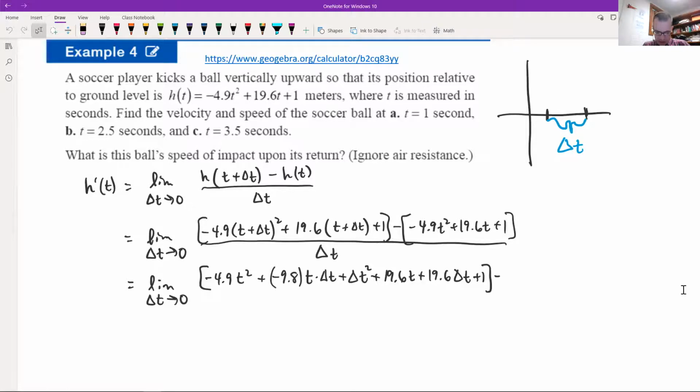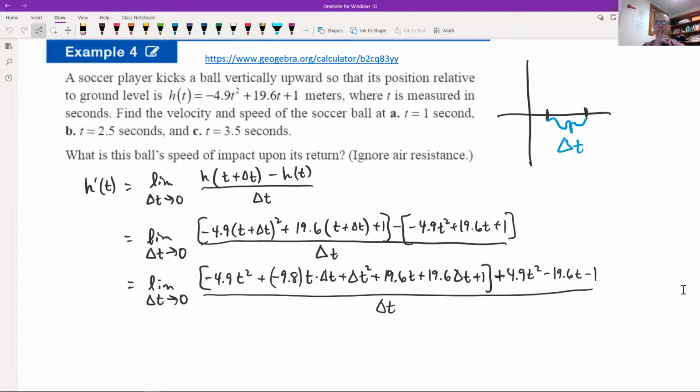Actually, let's go ahead and write these as whatever sign they belong when we actually evaluate the subtraction. So we've got a plus 4.9 t squared and a minus 19.6 t and a minus 1, all over delta t.